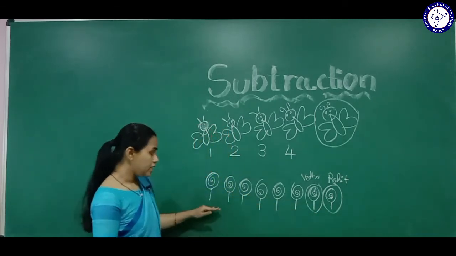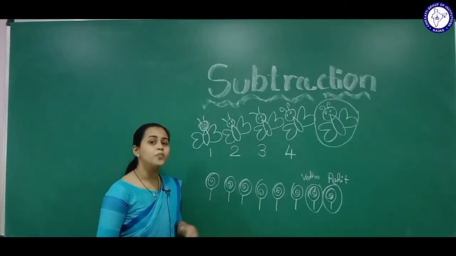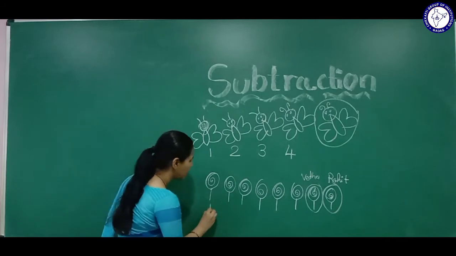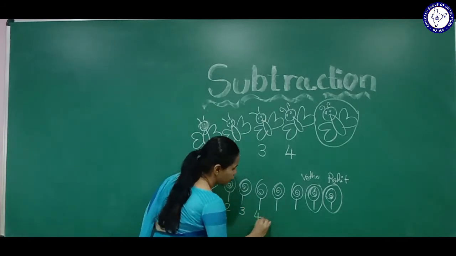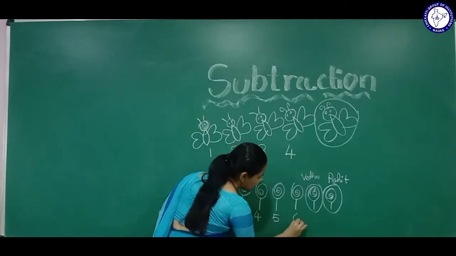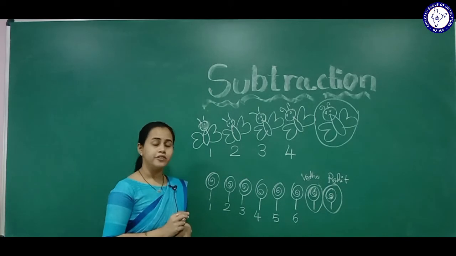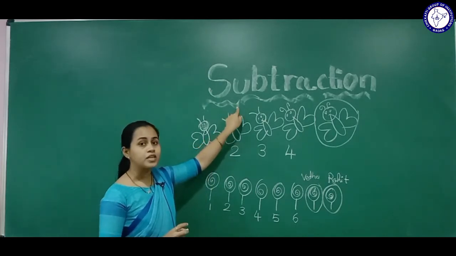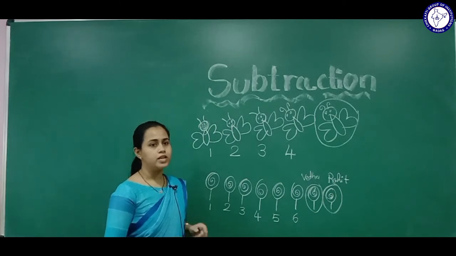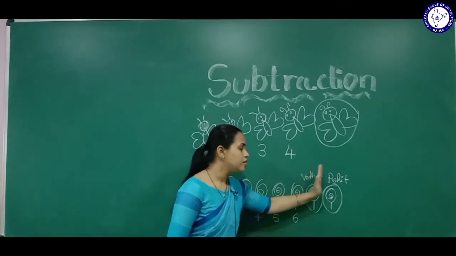Now how many lollipops are left? 1, 2, 3, 4, 5, 6. Now you have 6 lollipops with you, right? So what is it? Subtraction, kids. We will give to others.